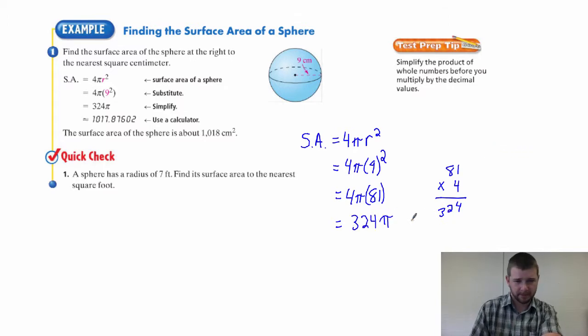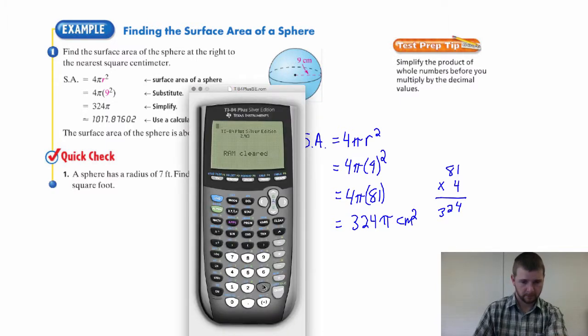Pi, not forgetting our units, of course, is our exact surface area, but notice the directions were to round our answer to the nearest square centimeter. So we should use a calculator. It's alright to approximate pi as 3.14 to find a decimal version of this solution. 1017.876.